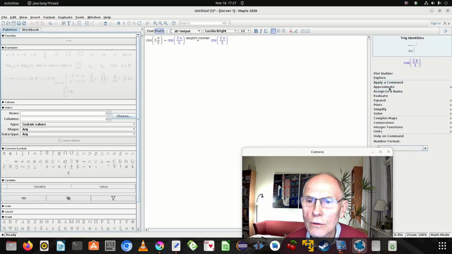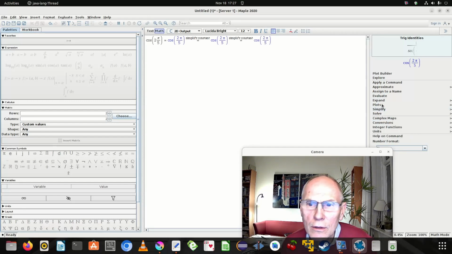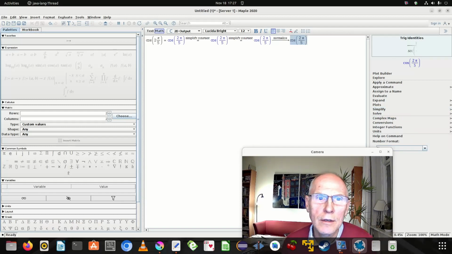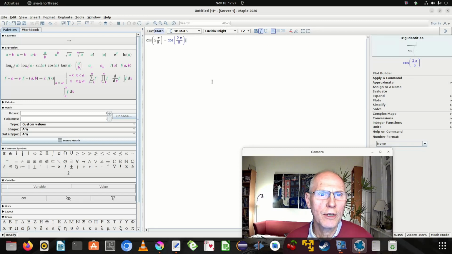No. Then what can we do? Evaluate? No. It's square root 5, so I could find it by the simplify. No, maybe I didn't do it correctly. This is annoying.